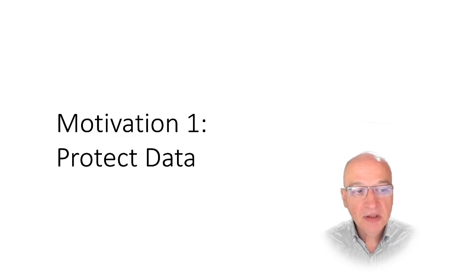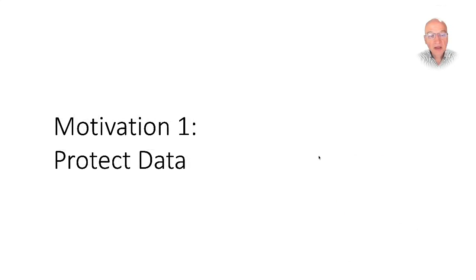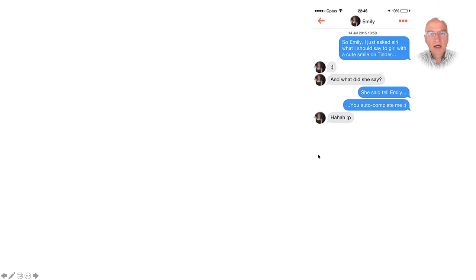And one important motivation is the protection of data. And to understand this motivation, let's consider that I have a user of Tinder. In this case, we have Emily here. And Emily is texting with someone on Tinder.